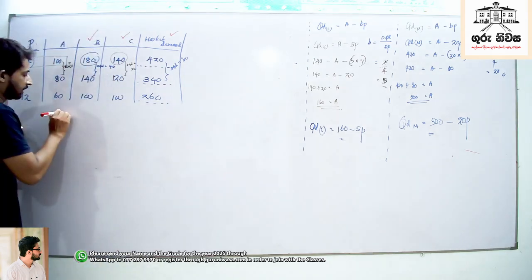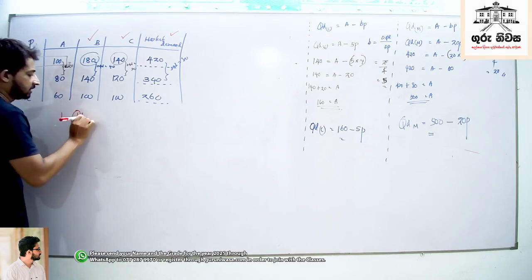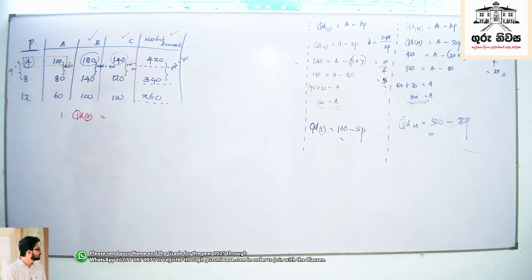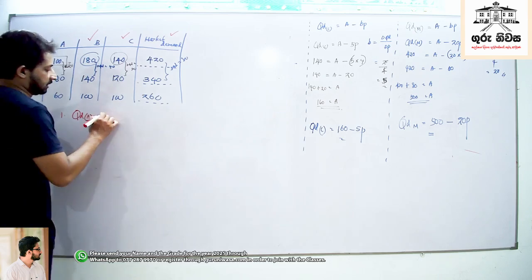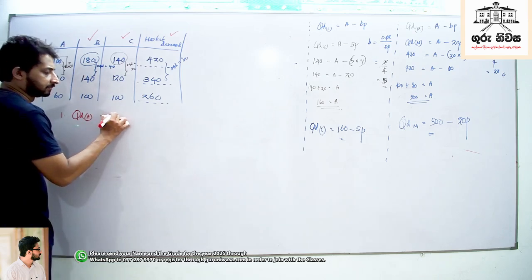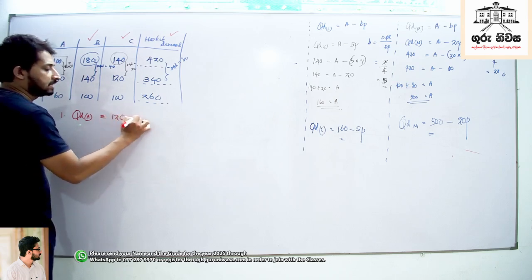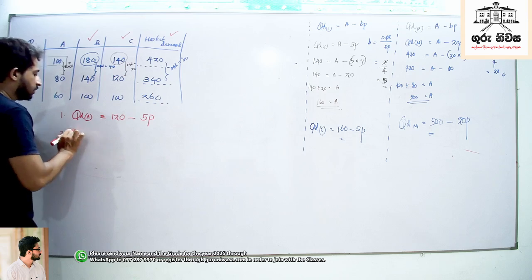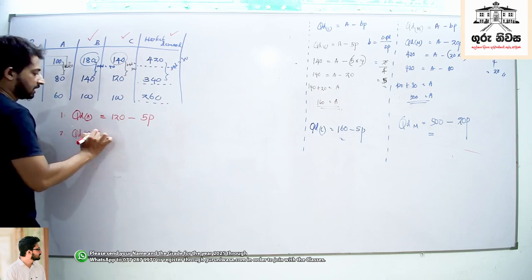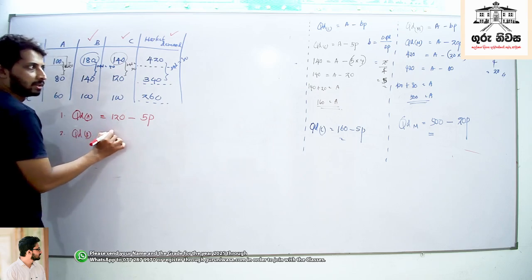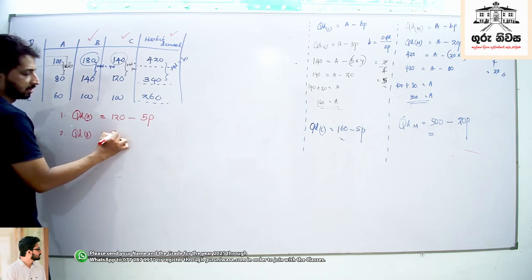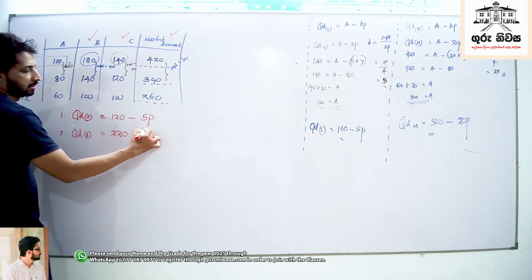First one is A's demand equation, QDA equals, tell me the values: intercept 120, minus 5P. Good. Then second one, QDB, B's demand equation: 220 minus 10P. Very good.